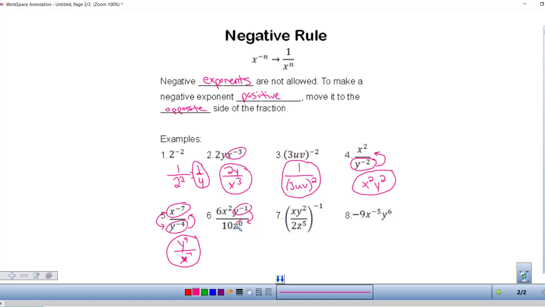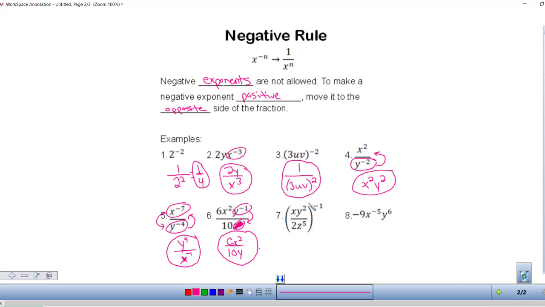And I also see a 0 exponent here. We just talked about 0 exponents being just 1. 10 times 1 stays as 10, so I can just cross this off and pretend it's not there. 6x squared stays up top. 10 stays on the bottom, and I also bring down y to the first. Whenever an exponent is 1, we don't need it, and we can just leave our answer like that.